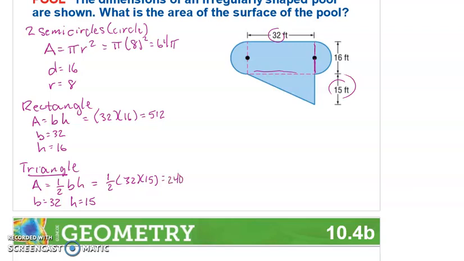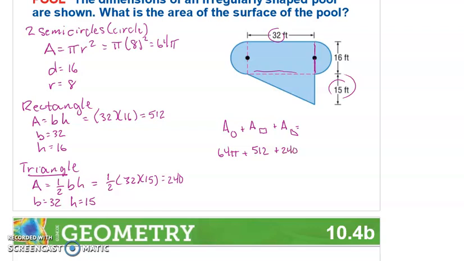Then you're going to take all of those areas and add them together. So you have the area of the circle, plus the area of the rectangle, plus the area of the triangle. So that equals 64 pi, plus the rectangle, which is 512, plus the area of the triangle, which is 240.